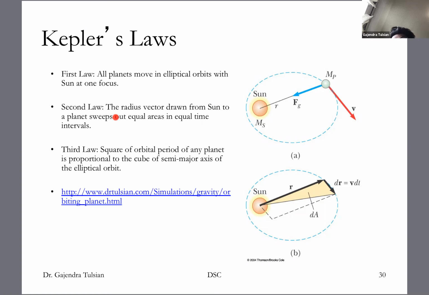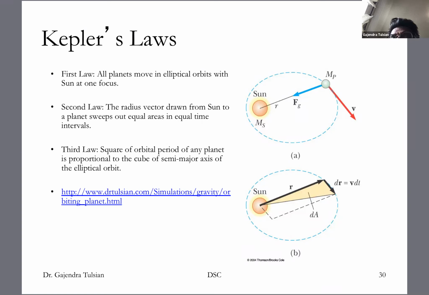The second law states that the radius vector, drawn to the planet, sweeps out equal areas in equal time intervals. So the radius vector has swept out this area.